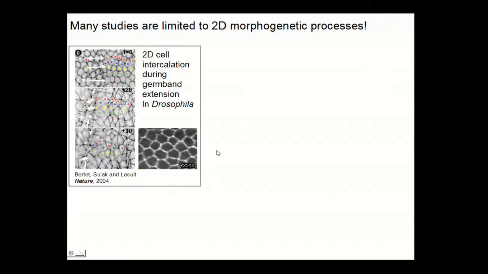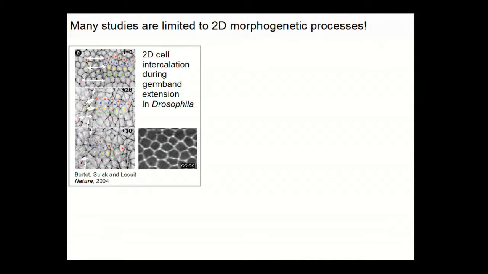But working mostly with three-dimensional data is quite challenging in terms of visualization. In the previous case, the cells were organized in a monolayer, so it's quite easy to follow. In many cases in developmental biology, people focus on 2D morphogenetic processes just because it's hard to visualize 3D morphogenetic processes.